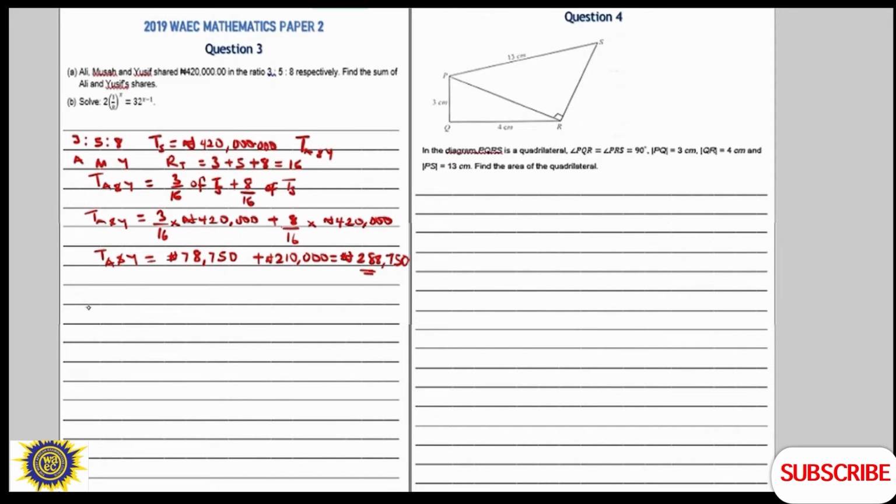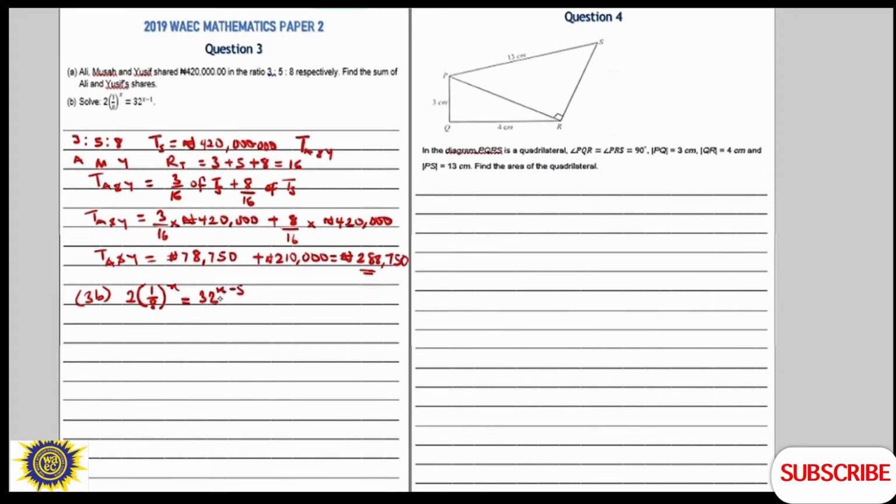Now question number 3B. We were told that 2 into bracket 1 over 8 to the power x is equal to 32 raised to the power x minus 5.